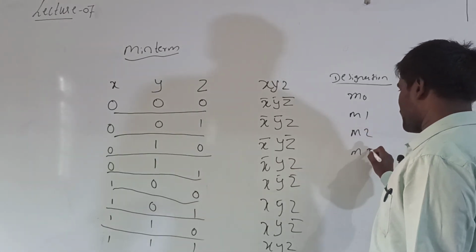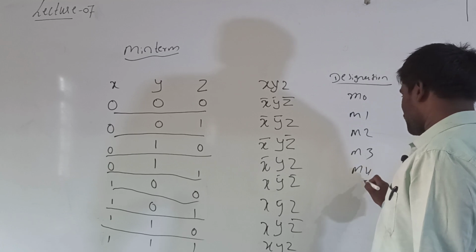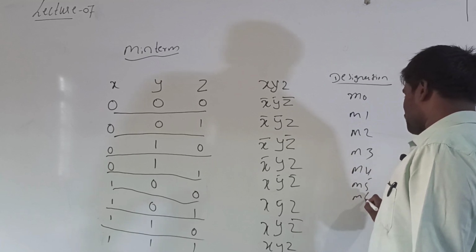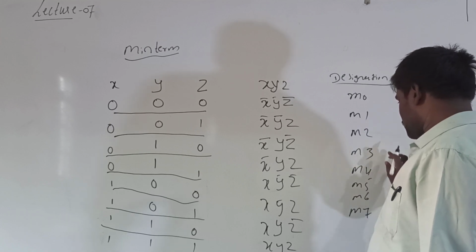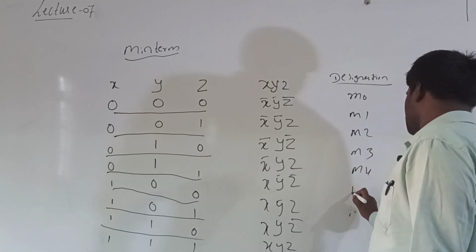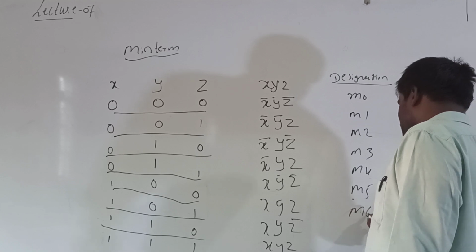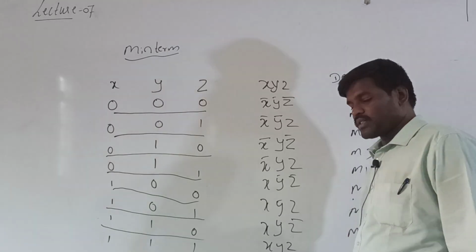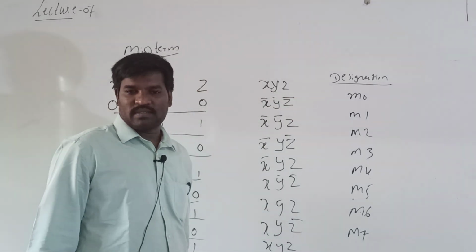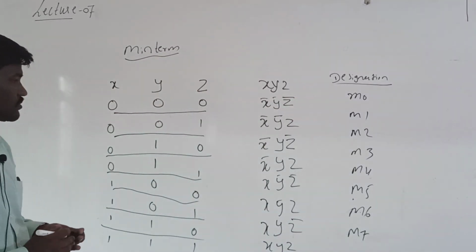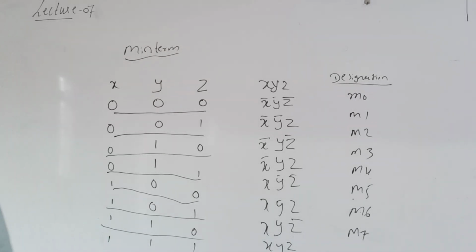In the same way m3, m4, m5, m6 and m7. Total 8 positions. See here m0 to m7. Okay. So this is the min term for 3 variables.